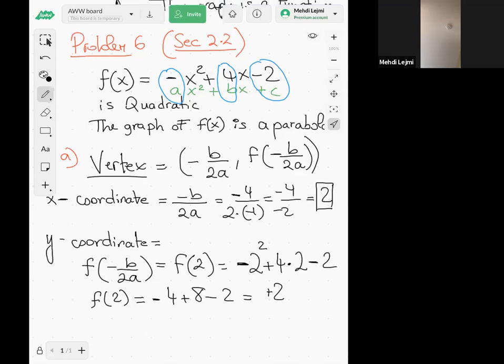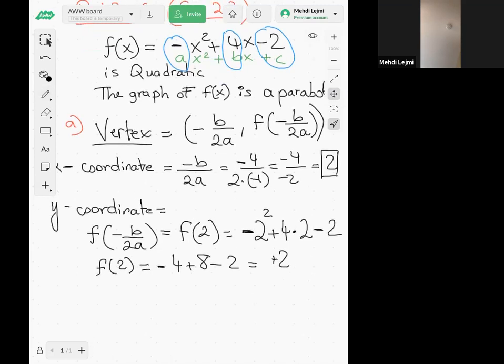The answer here, your vertex, is (2, 2). It's a coincidence that the x coordinate is the same as the y coordinate, both equal to +2. In general, the x and the y should be different.